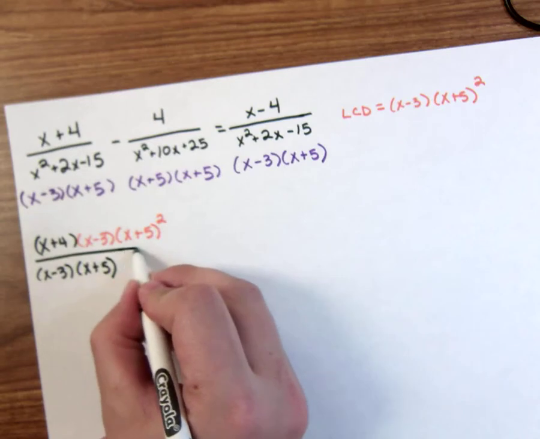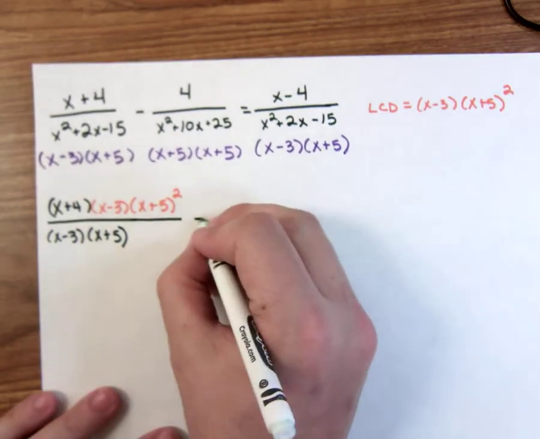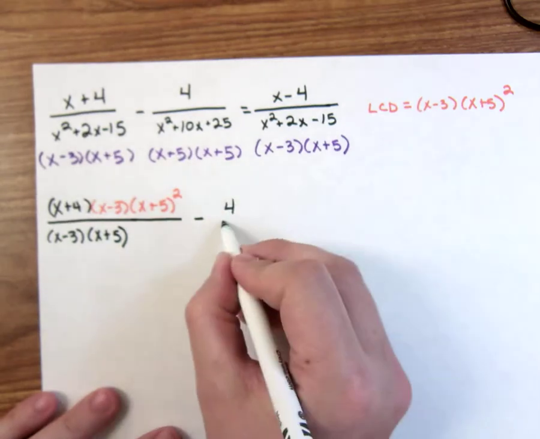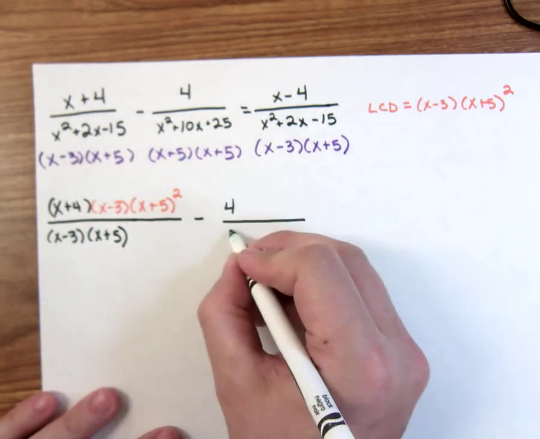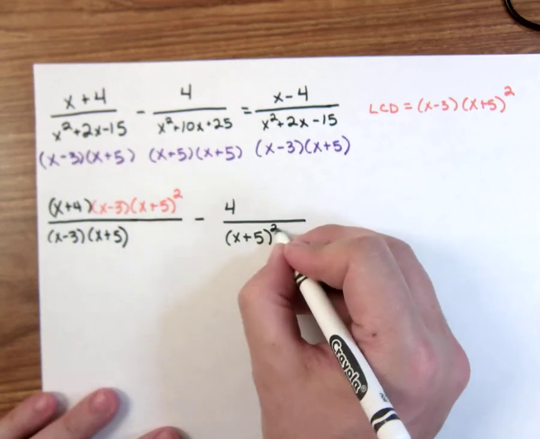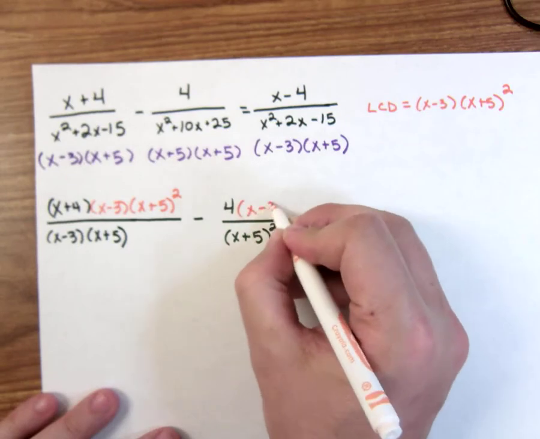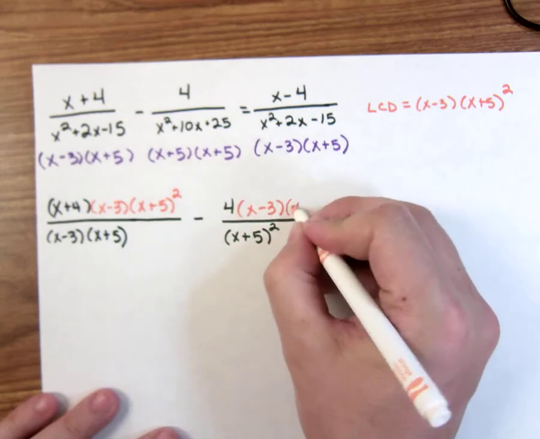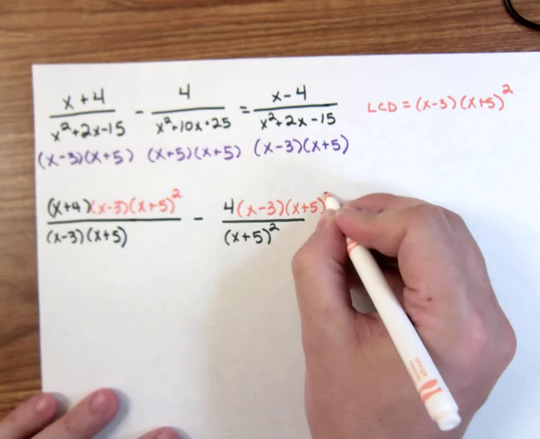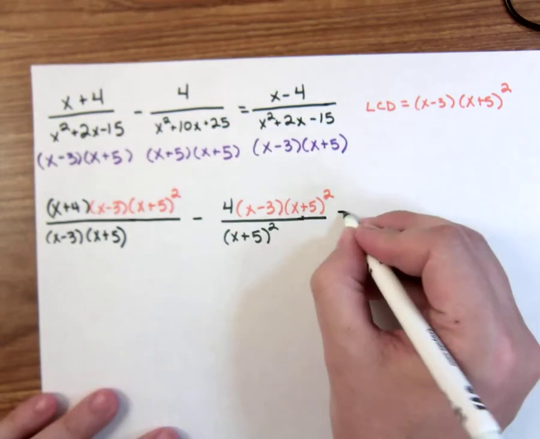So there's the first one. Minus. And I'll write this as x plus 5 squared instead of x plus 5, x plus 5. Equals.